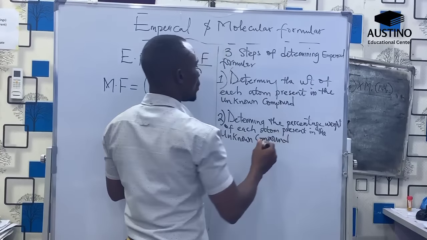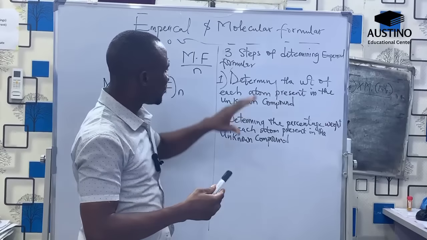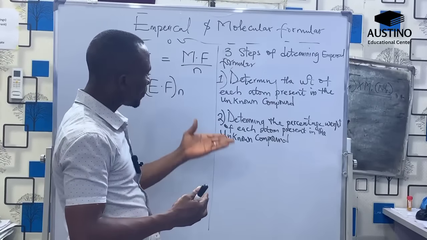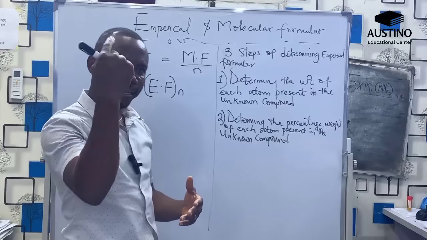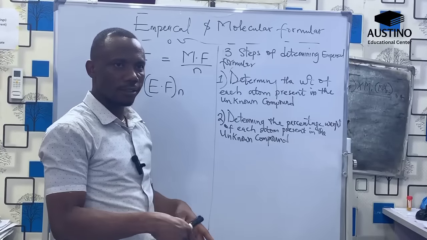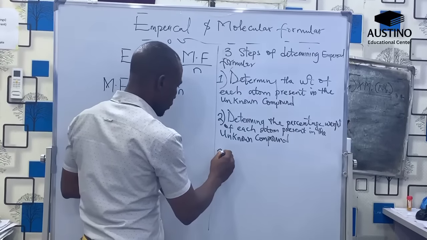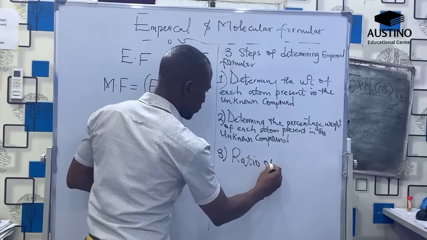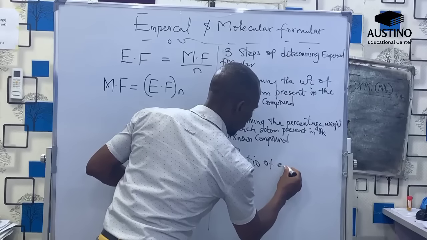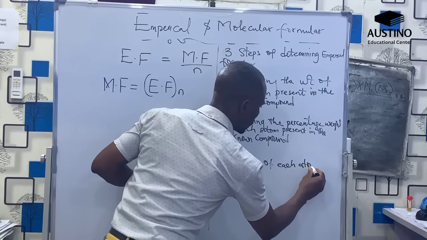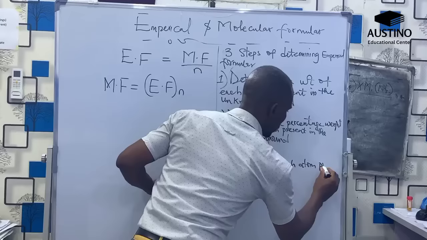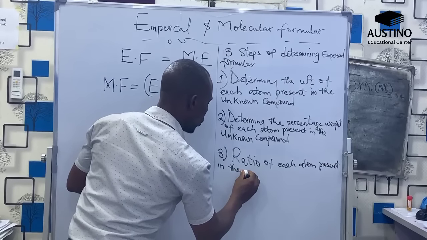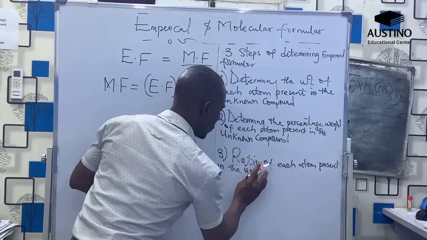So number 1, determine the weight of each atom present. Number 2, determine the percentage of the atom present. And then finally, number 3, the ratio of each atom present in the unknown compound.